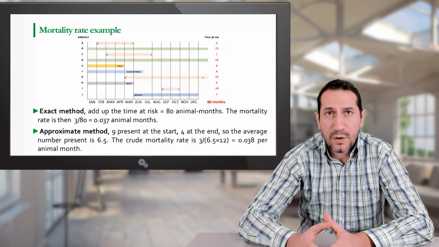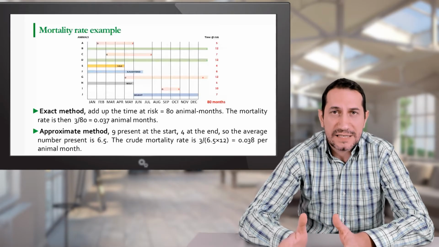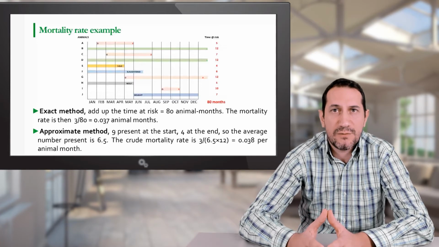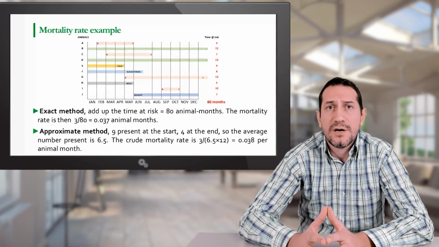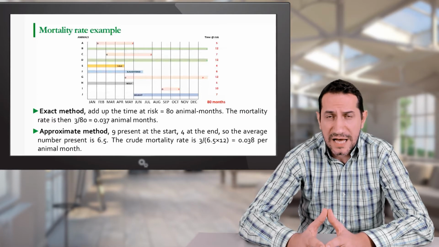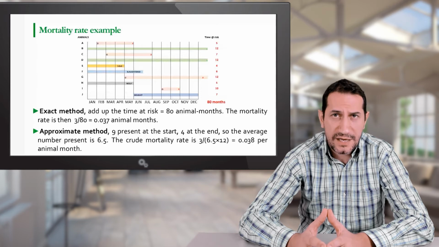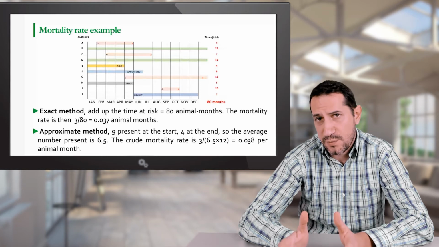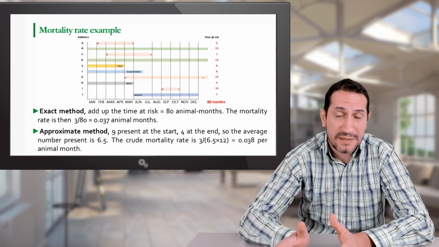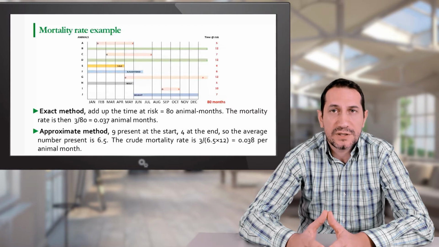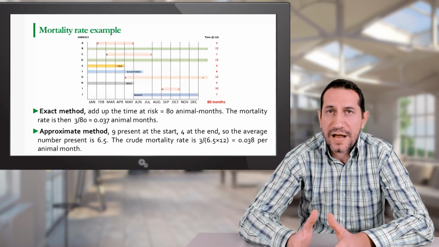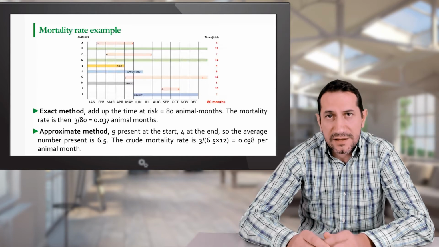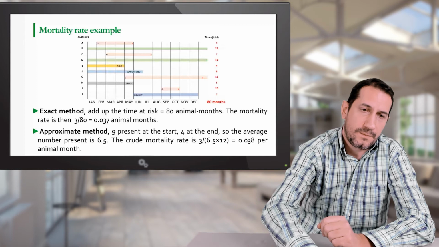So we would have 9 plus 4 divided by 2, which gives an average of 6.5. Then the approximate method calculation for mortality rate would be 3 animals over 6.5 population times 12, which would yield 0.038 per animal month, which is pretty near to what the exact method calculated.